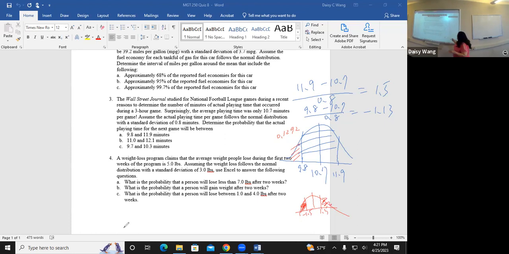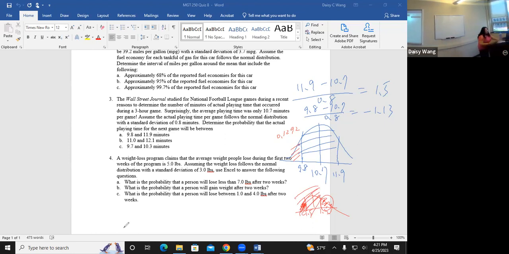So we have to convert it: we use 1 minus this area and we get this whole area, and then we use this area minus this area. That's with the table we get.